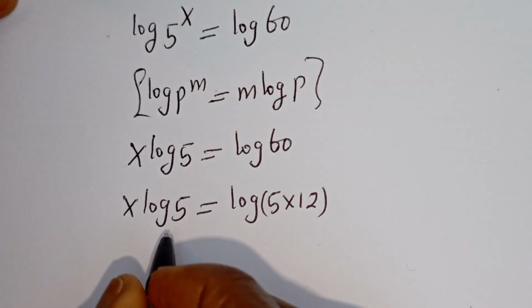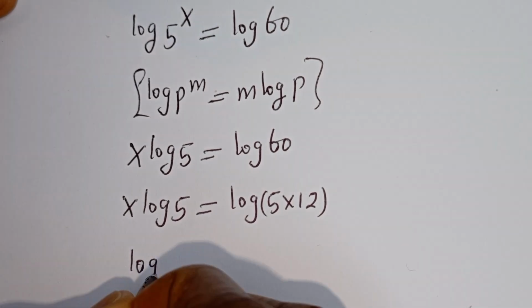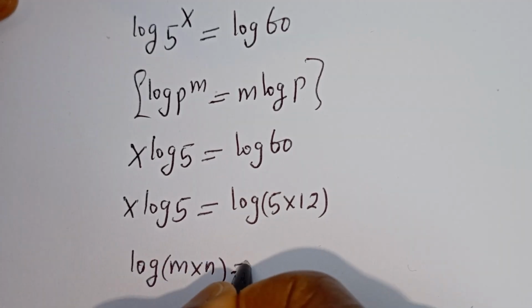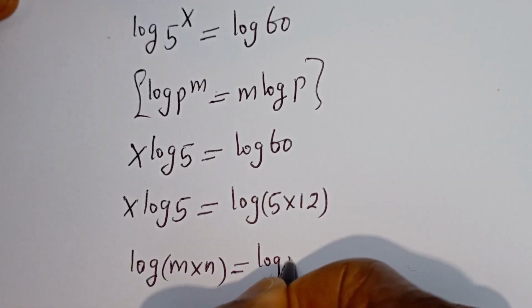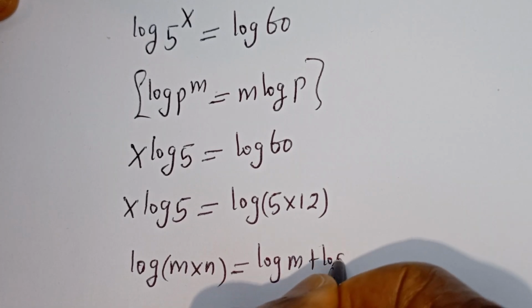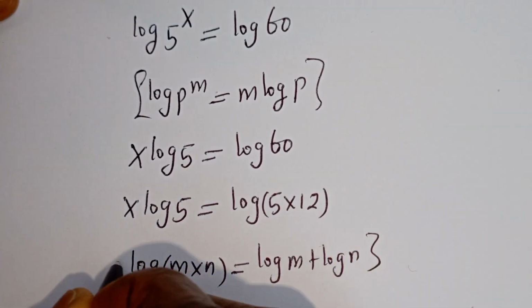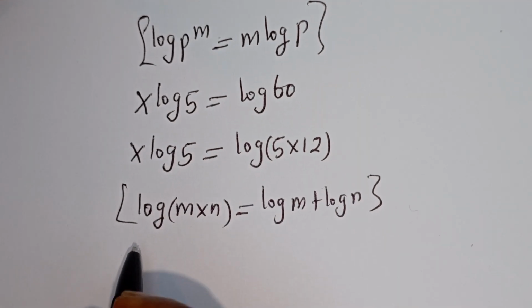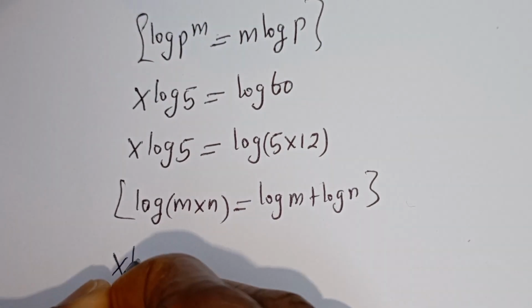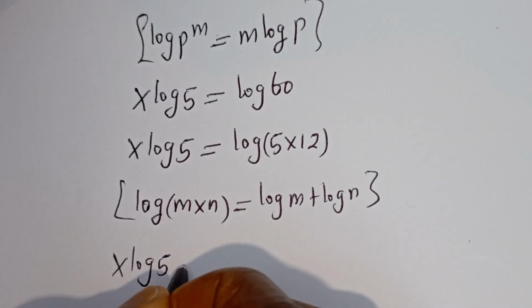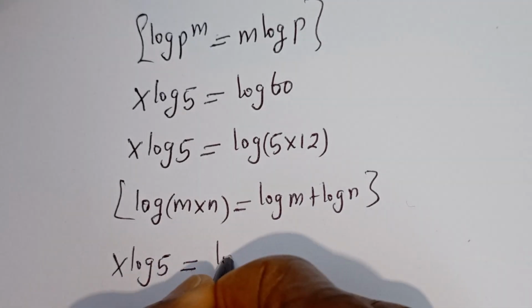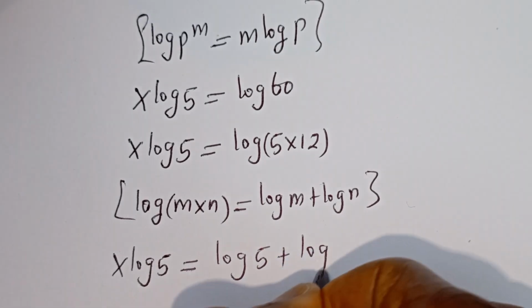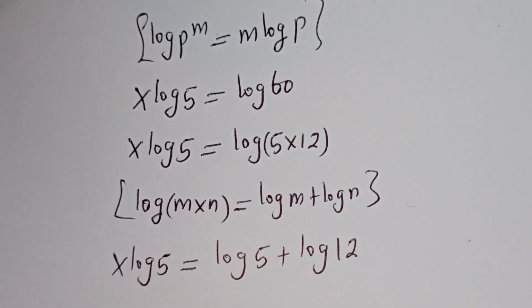Take note of this, that if you have log m multiplied by n, this is equal to log m plus log n. Then this can be written as x log 5 is equal to log 5 plus log 12.